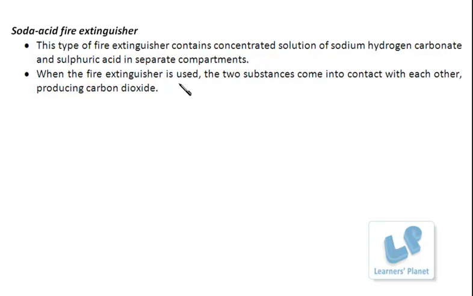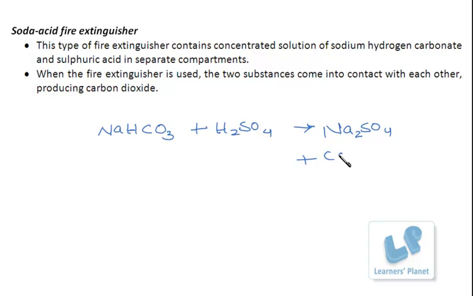As soon as the lid is pulled, the reaction takes place and the two substances, sodium hydrogen carbonate, NaHCO3, and sulfuric acid, H2SO4, react and form sodium sulfate, Na2SO4, carbon dioxide and water. So this carbon dioxide is just sprayed from the cylinder, thus extinguishing a fire.